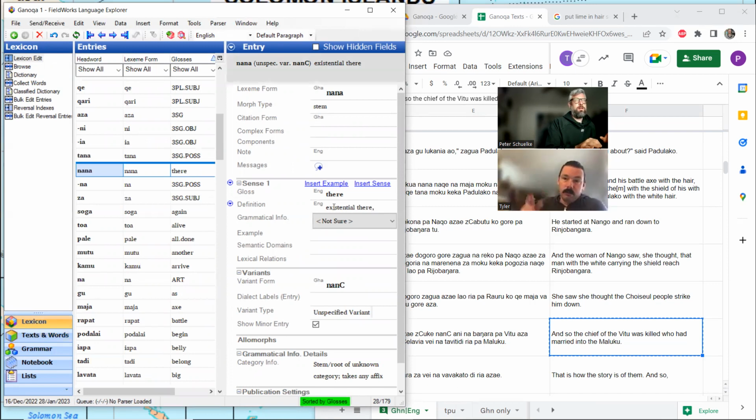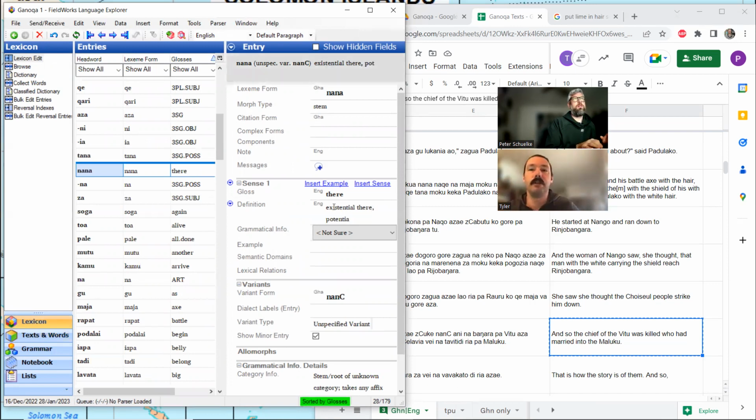I was thinking it was they're that you were saying before, but interesting. No, but it's not, because then that would be like Nandi. Right, and now we've got this Tana as possessive. I believe that Nana is there. In fact, I kind of think that's what it is in Roviana, and that I've just been doing it wrong. I already thought it was, and it was already in the translation, but I kept trying to make it work. I thought it was a kind of subject agreement.